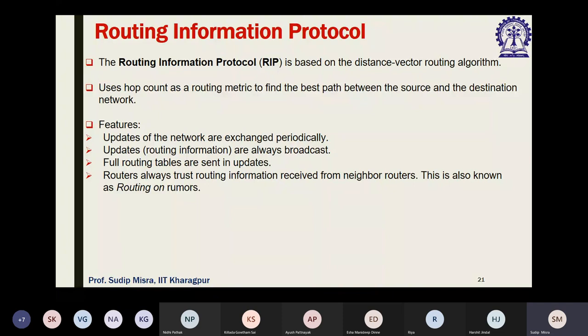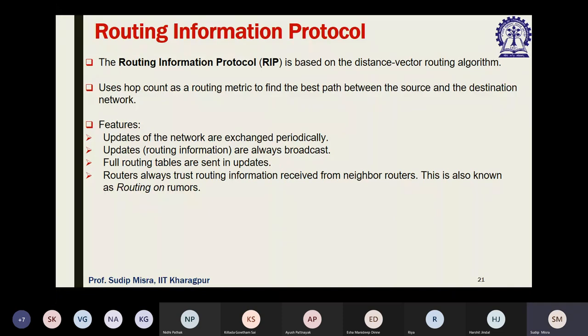So let us consider a topology like this, which is basically the graph based abstraction of part of a network. And let us assume that in this topology we have different routers R1, R2, R3, R4, R5, R6, R7 and R8.